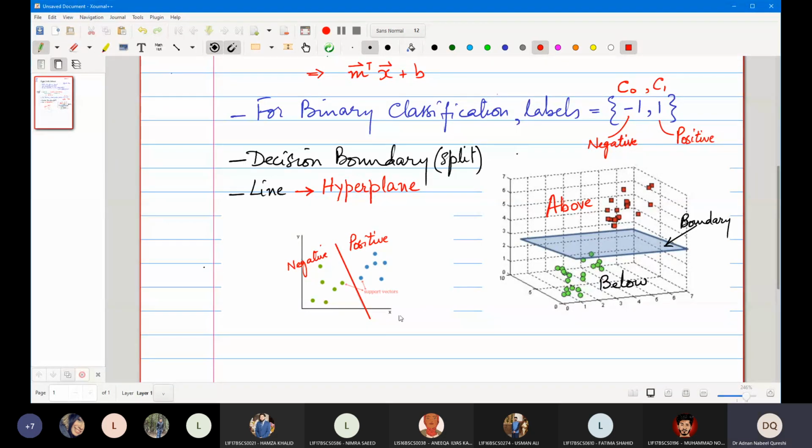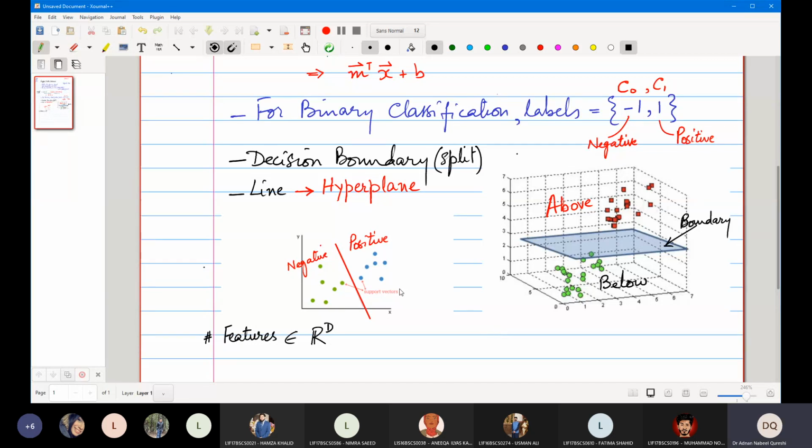The idea here is that if we look at the features, when we have the feature space, the number of features, let's say these belong to a d-dimensional space.